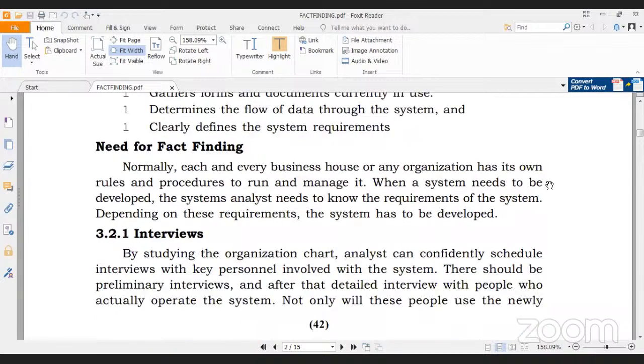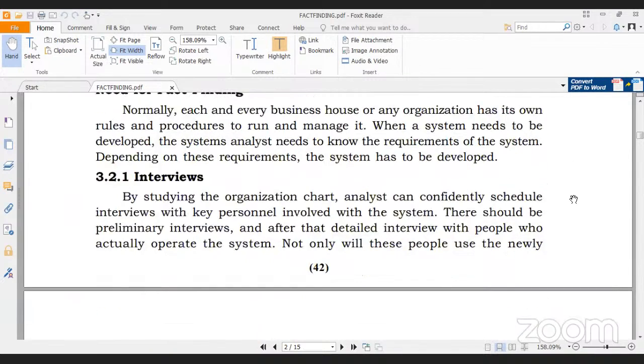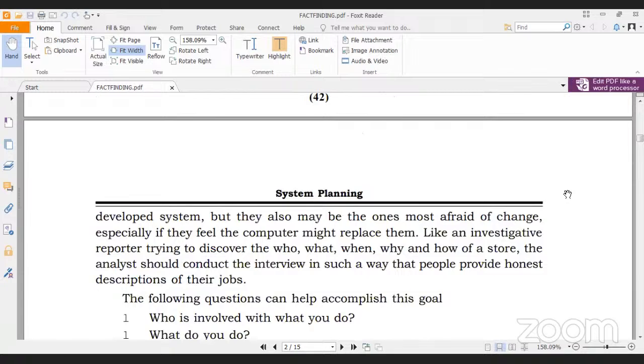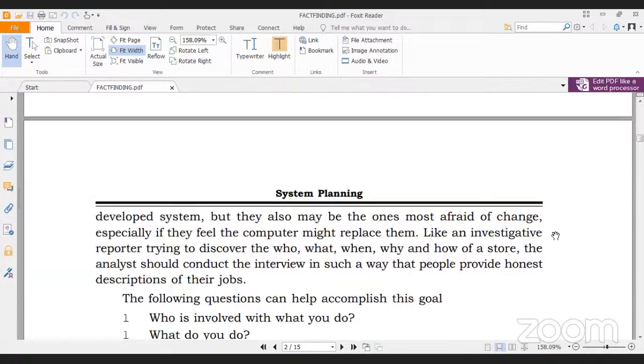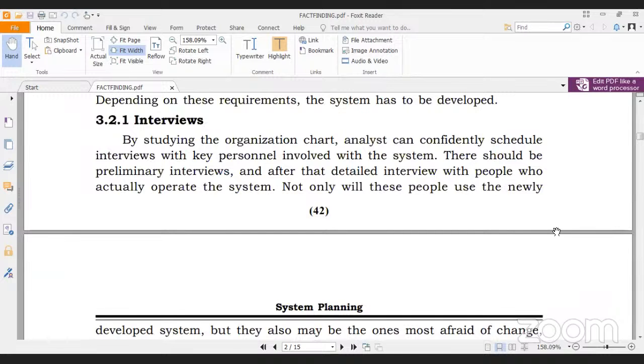So the first technique, as I told, is interviews. These are the questions which are normally asked. In interviews, you have to ask the clients, the customers, one to one, by a team of experts, the stakeholders who will be affected by the new system or the upgradation of the existing system.